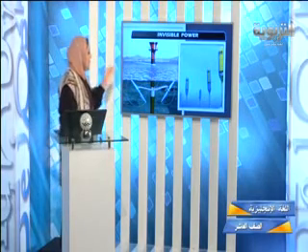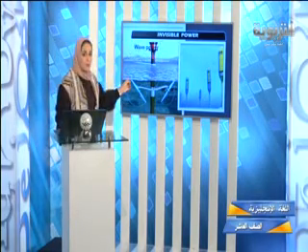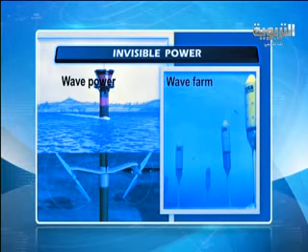They are invisible. So here we have an invisible power, a power that you cannot see if you are standing on the ground or if you are in a boat. Okay, so here we said the wave power, and here we have the wave farm. So they are all invisible.